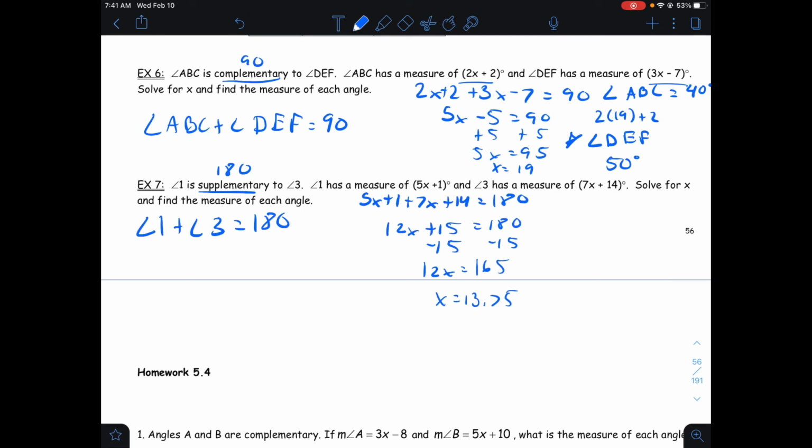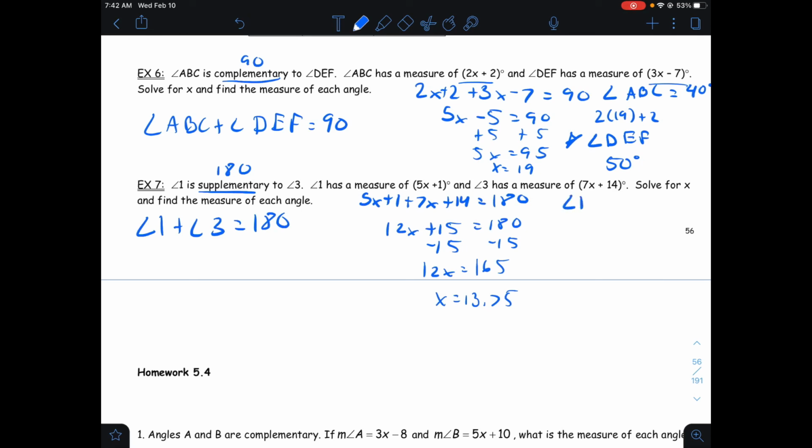Plus 14 equals 180. 5x plus 1. Okay. Oh, this is what the problem is. Oh, goodness. Yep, okay, I did get 13.75 again. So I just want to double check. All right, so now we can go ahead and find the measure of angle 1.